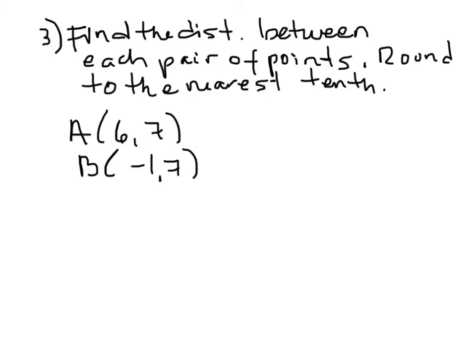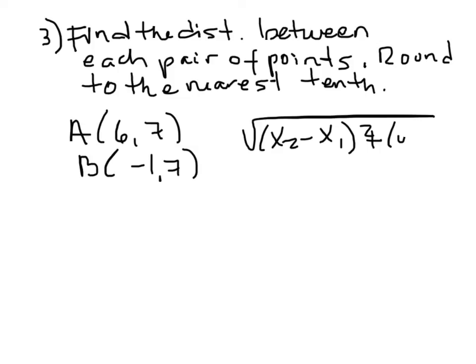and I have the distance formula, which is x2 minus x1 plus y2 minus y1. And what we're going to do is name these x1, y1, x2, y2. It doesn't really matter which is x1, y1, or x2, y2. But we're going to name them right now like that.